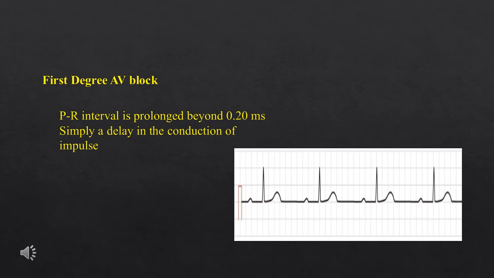First degree AV block is characterized by a normal looking P wave followed by a normal looking QRS, but the PR interval is prolonged, more than 0.20 seconds.